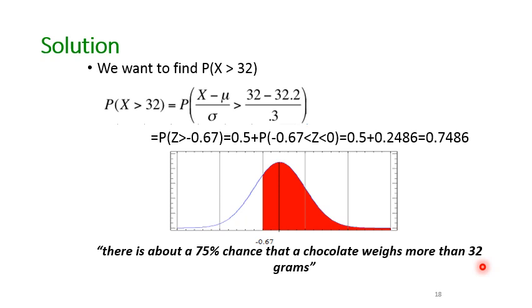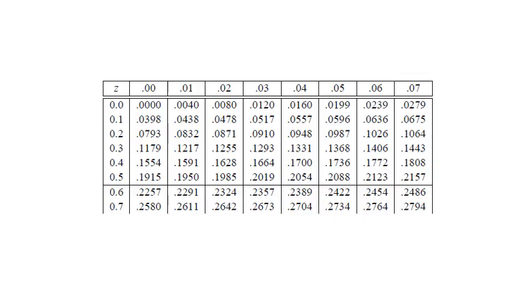Let's now see how we found this probability from the standard normal tables. Remember, we need the area from 0 up to 0.67. Let's see how we can find the area from 0 up to 0.67, the area we needed in the previous example.